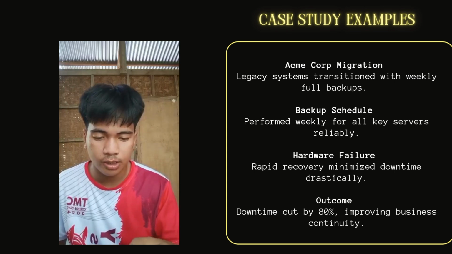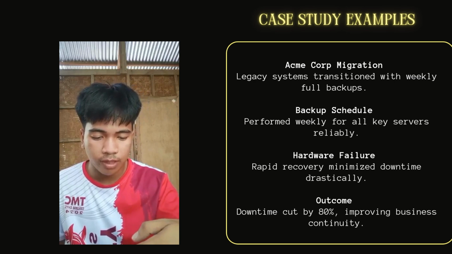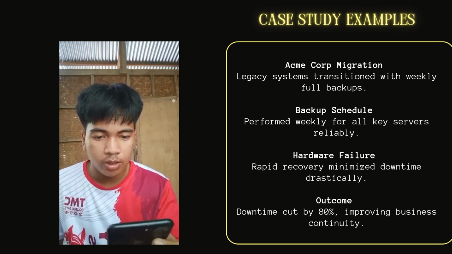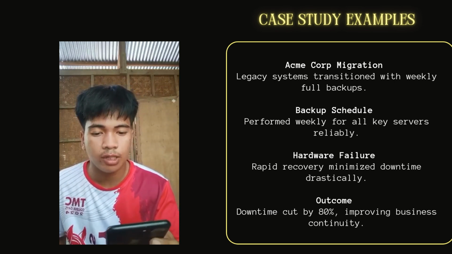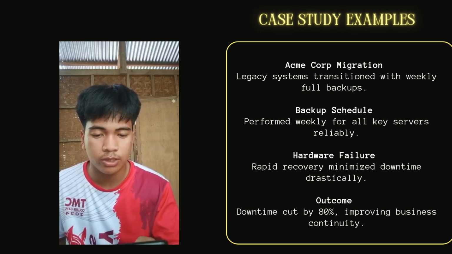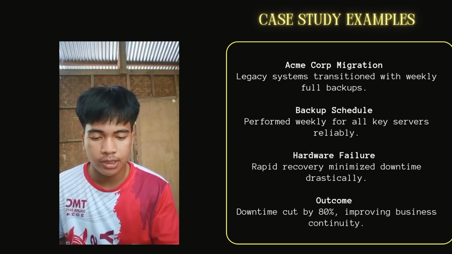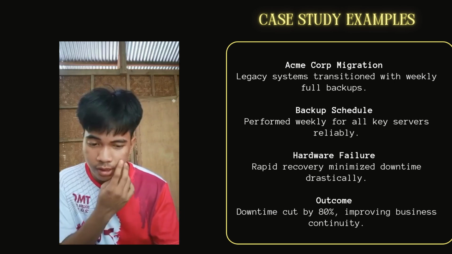And the third one is hardware failure. Rapid recovery minimizes downtime drastically. In the event of hardware failure, a full backup strategy provides a reliable and efficient recovery solution by ensuring that a complete copy of all data is readily available for restoration.